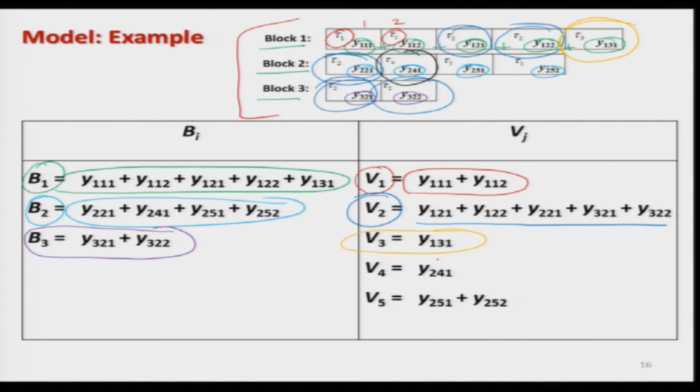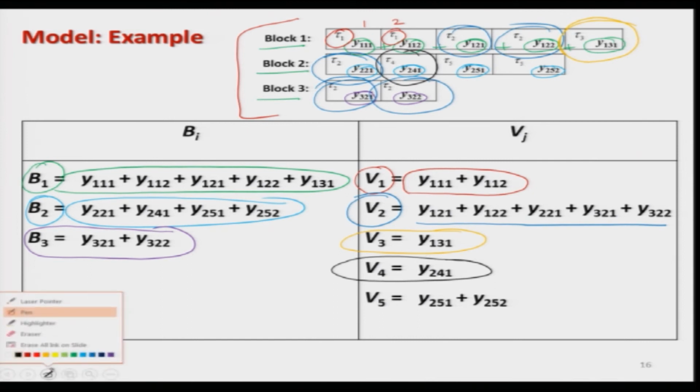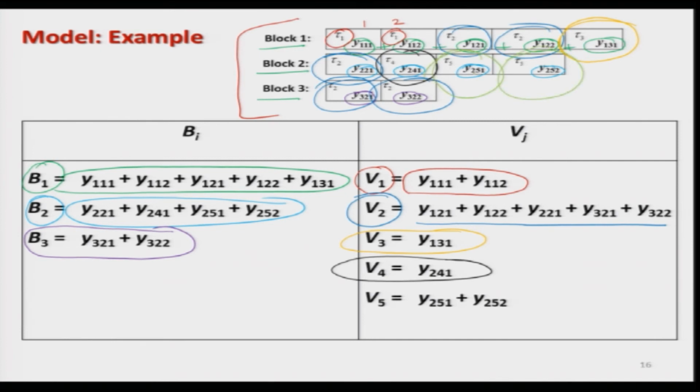So, V4 becomes only y241. And similarly, look for the plots where you have given the treatment number 5. There are only 2 plots where you have given the treatment number 5, in block number 2, plot number 3 and 4.